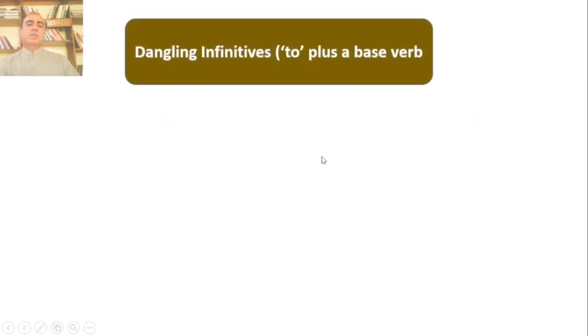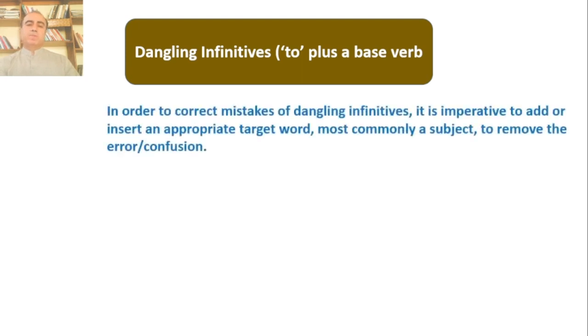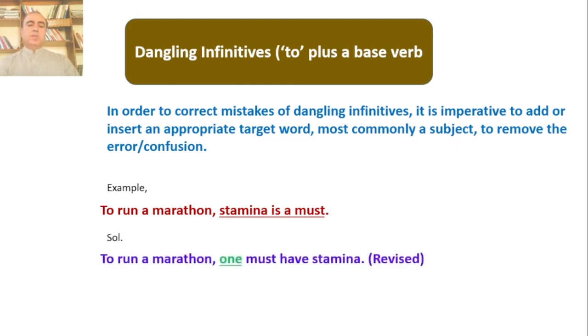The third one is dangling infinitives, meaning to plus the base form of the verb. They too cause confusion. Here is a case. To run a marathon, stamina is needed. Now, who would run? The subject is missing. We give a solution: To run a marathon, one must have stamina.